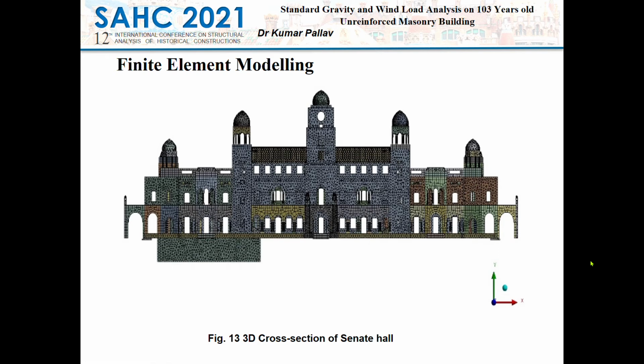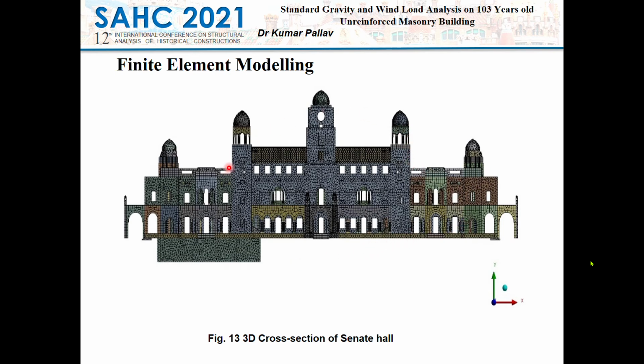So this figure shows the cross section, and that too of the mesh model. If you see this, these are the meshes, and I've already described all these mesh sizes which we have taken for each of these sections. And this is the back portion of the Senate Hall building, and you can see this is there, and I already mentioned that the wall thickness is 1.5 meter.